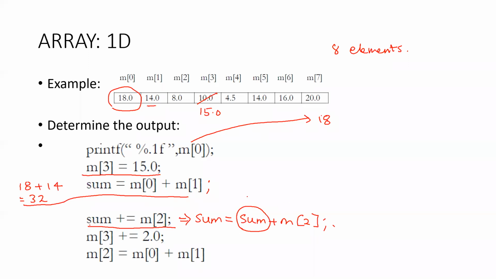Yes, 32. Sebab apa? Sebab yang ni diambil daripada yang previous. Macam nampak garisan tu. So diambil daripada yang ke atas, yang latest daripada atas. So yang ni maksudnya 32 plus M2 is this guy, 8. So the latest sum will be 40.0.